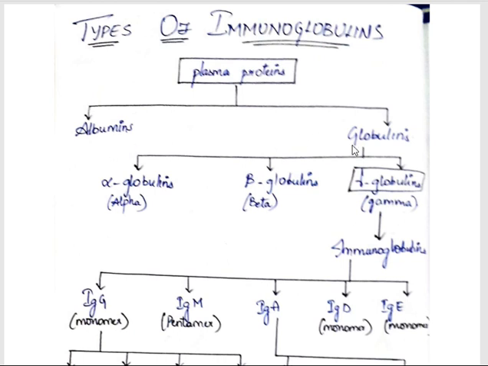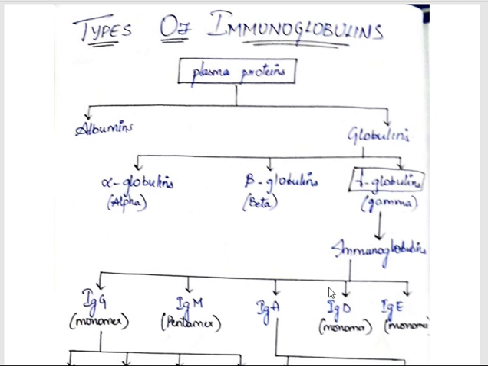These include specific transport proteins, clotting factors, the complement system, and inactive precursors of certain hormones like angiotensinogen. The gamma globulins act as circulating antibodies, which are very important in our specific immune response, and are known as immunoglobulins.